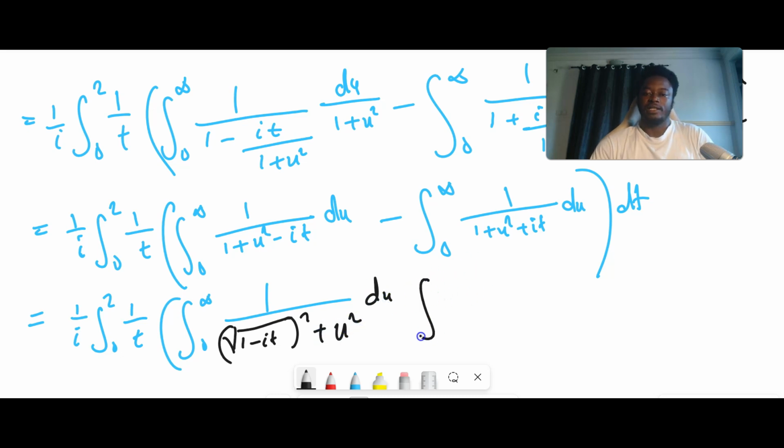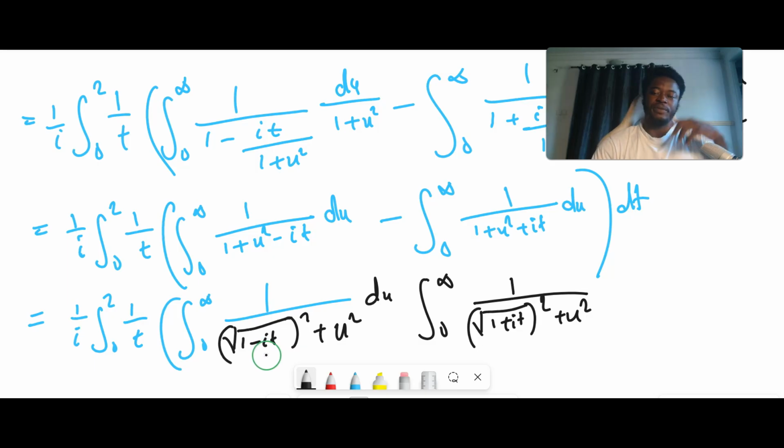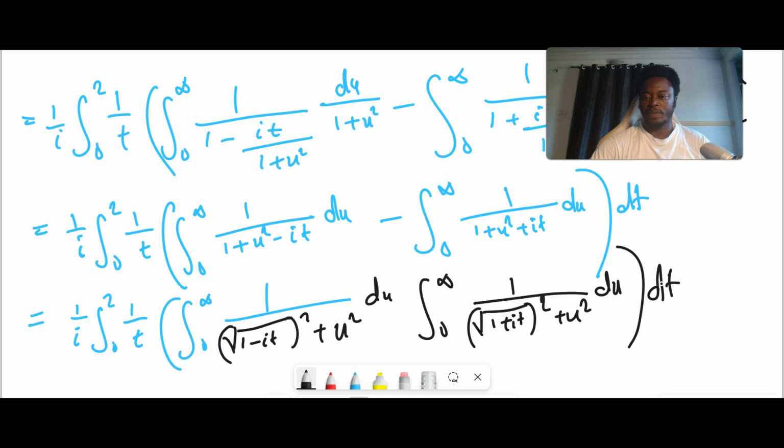Then on this other side, same thing, 0 to infinity, you have 1 over the square root of 1 plus it all squared plus u squared. Notice that because this is a complex square root, we don't have to worry if maybe it is less than 1 or bigger than 1, because with complex numbers, you don't have to worry about magnitude. Then you have dt.